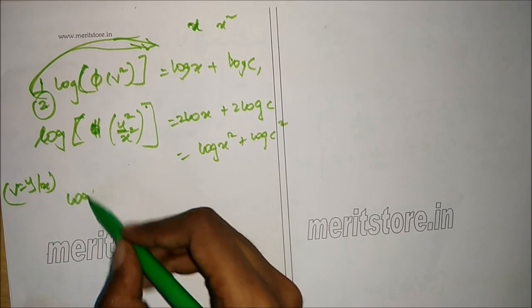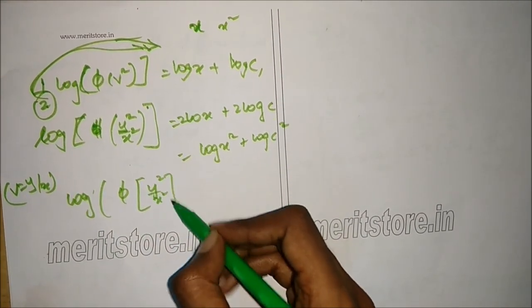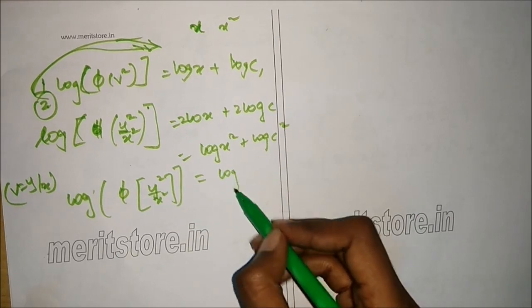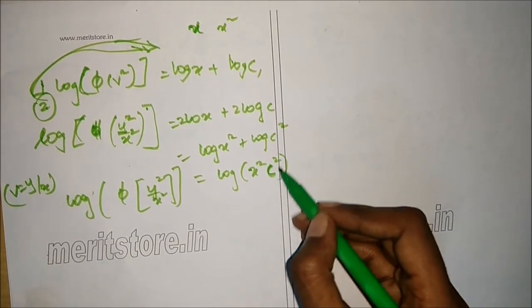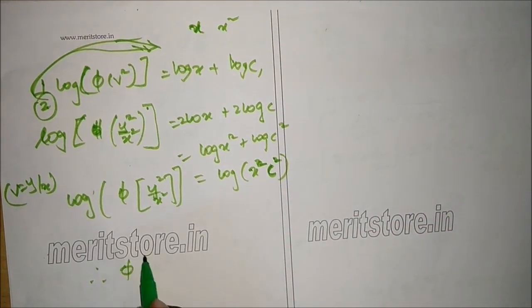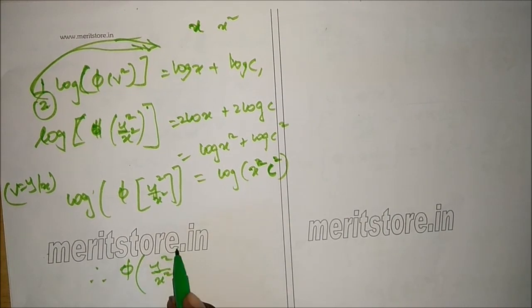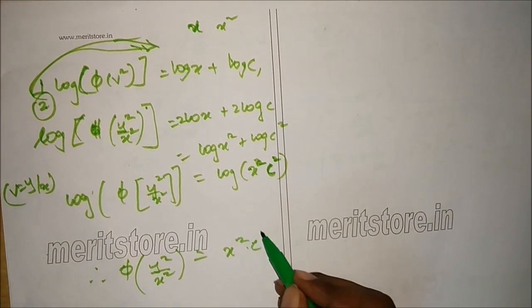So that is equal to log of phi of y square by x square is equal to log of x square into c square by law of indices. So therefore phi of y square by x square is equal to x square c square.